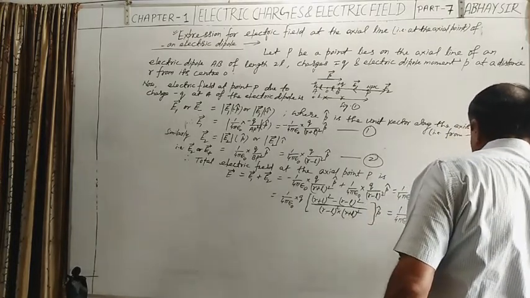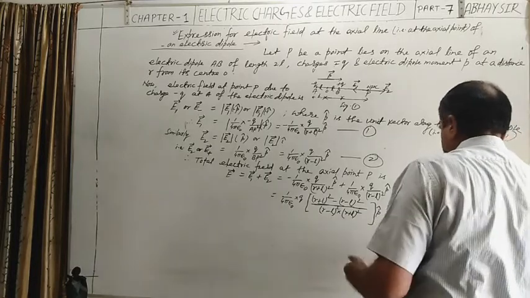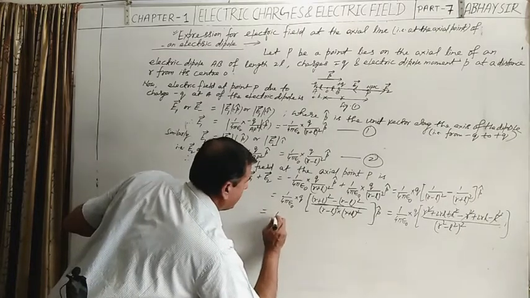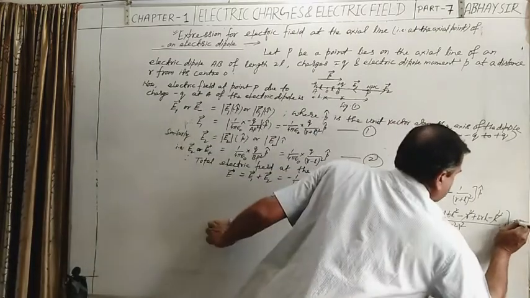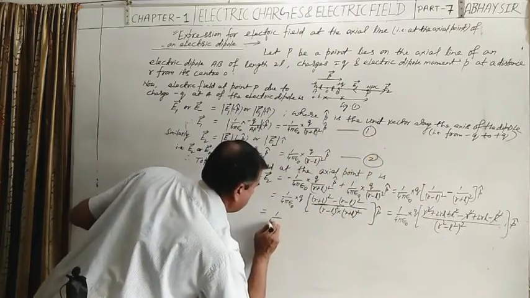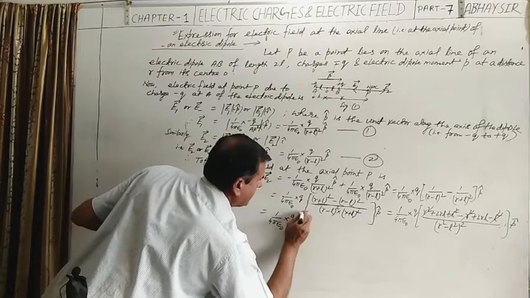Plus R square minus R square will cancel out, plus L square minus L square will cancel out. So we have 1 by 4 pi epsilon naught q, into P cap, which gives the direction of the electric field.